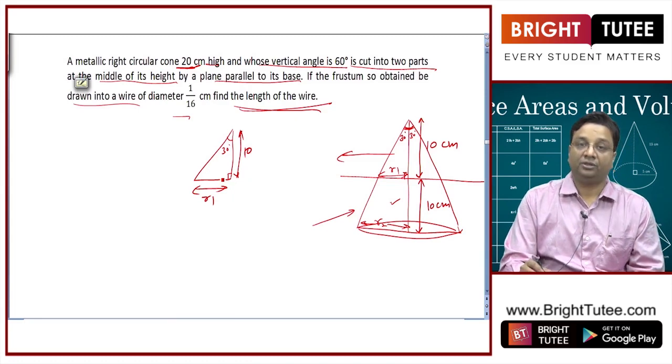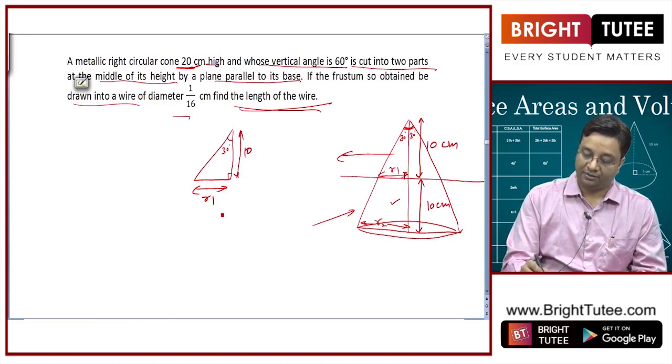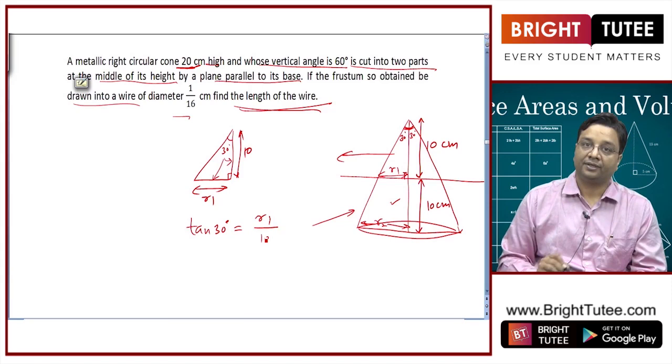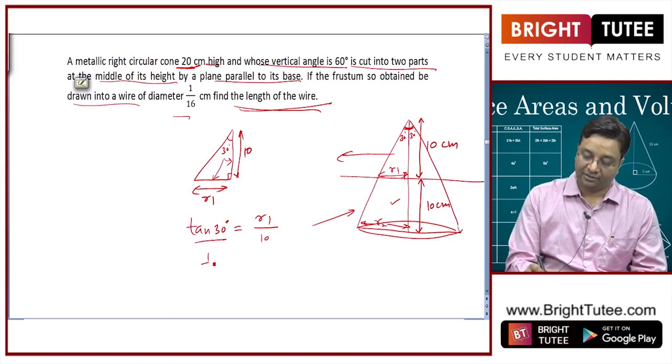So what you can do is you can apply basic trigonometric ratios and you can find the R1. So if I apply tan 30, it is equal to opposite, which is R1, by adjacent, which is 10. Okay, what is tan 30? It is 1 by root 3.